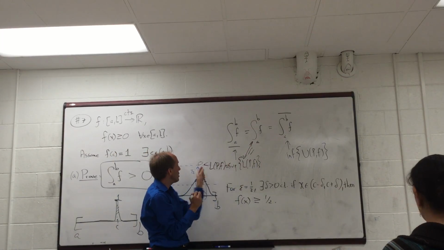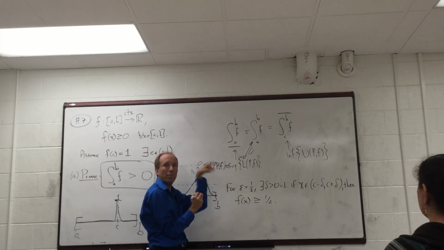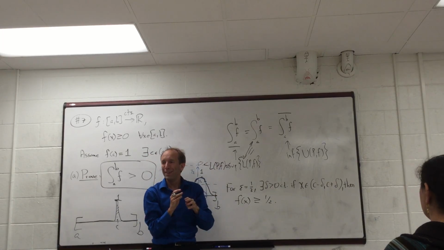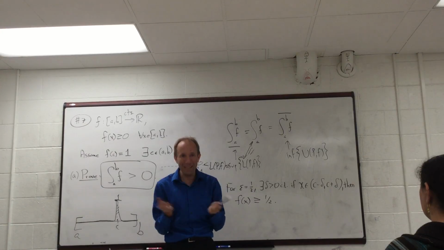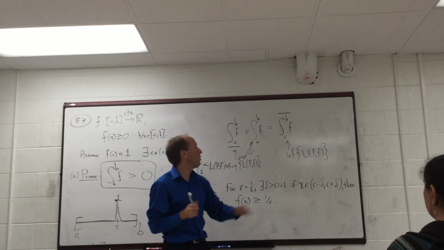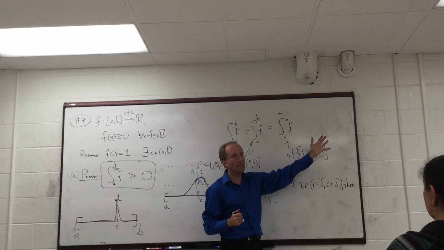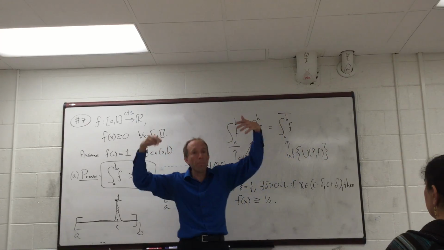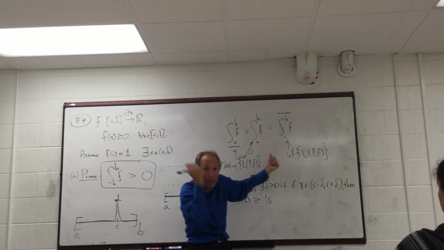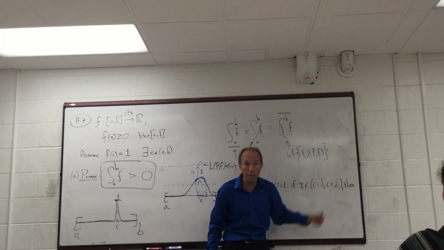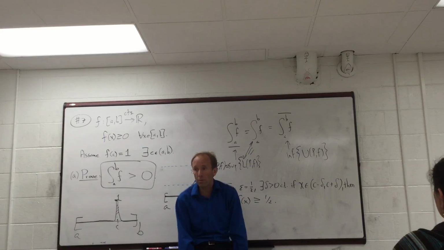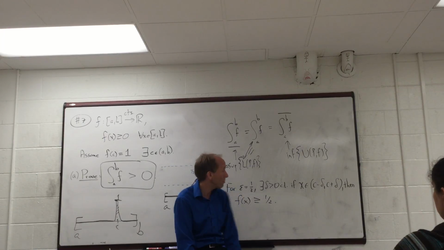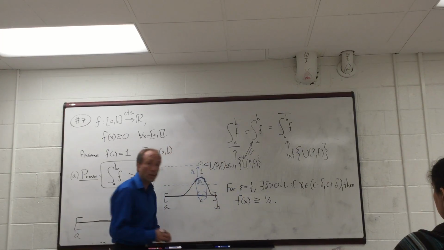So if I can just find one lower sum that is positive, then my supremum of all of those lower sums is positive, and I'm done. We don't want to work with the upper sums here. It doesn't help us, because if we find an upper sum that's positive, great, but there could be another upper sum that has a smaller value, and maybe the infimum is 0. It doesn't give us what we want. Okay, so we need to find a lower sum.